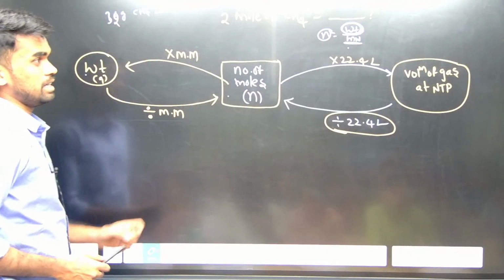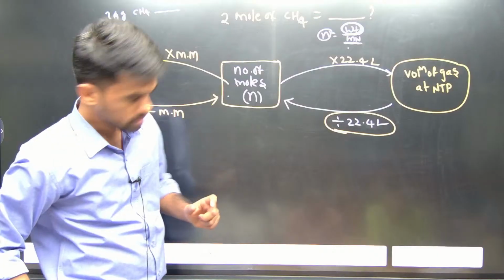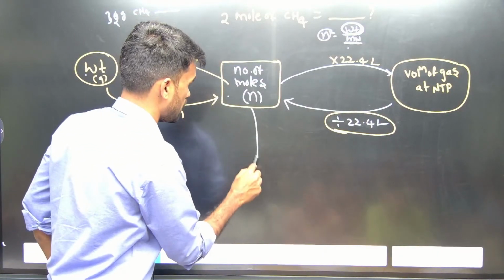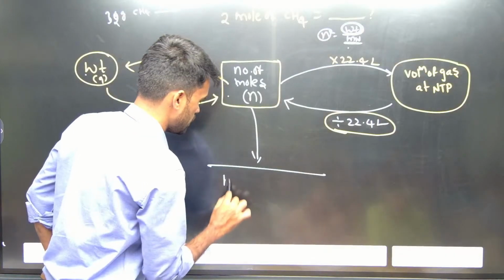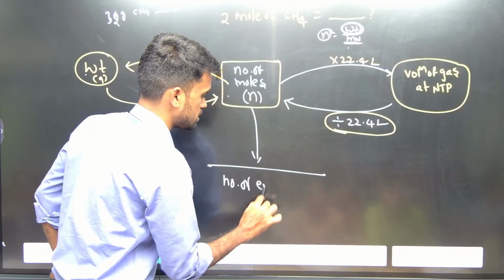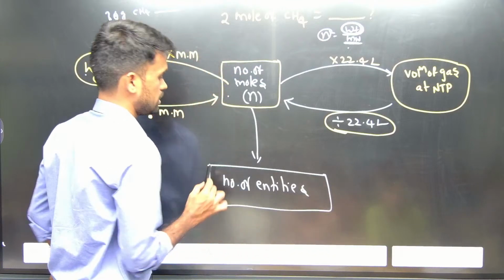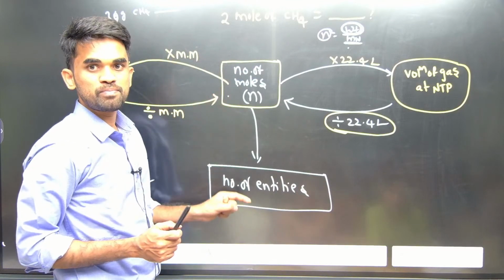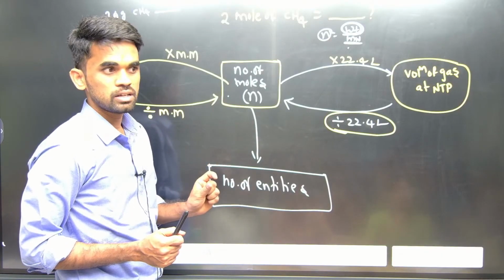Up to here it is clear. What is the other relation we discussed about atoms, particles? 1 mole of any substance contains how many particles, the number of entities? If I ask number of moles to number of particles, what have we related? Avogadro number.